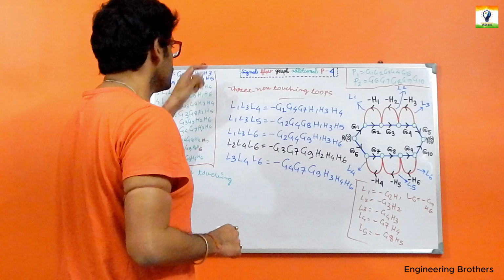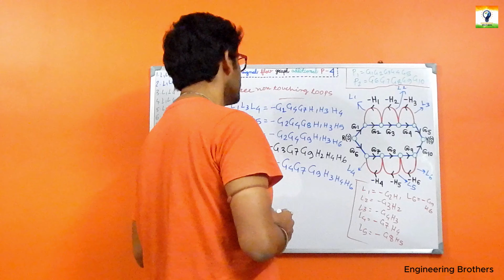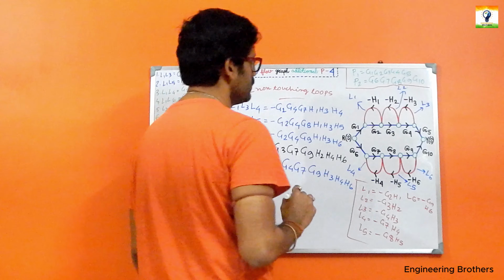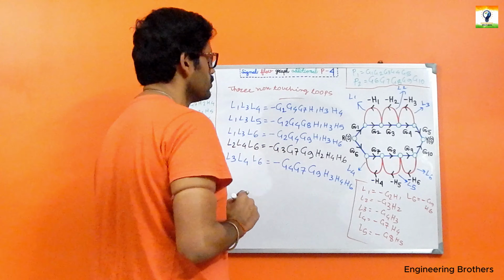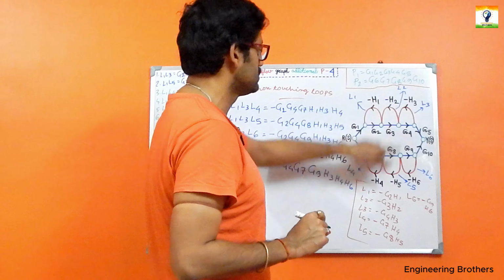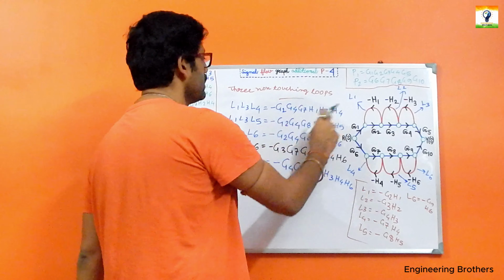After that we do require to find out our three non-touching loops, and quite frankly L1, L3, L4 is our first three non-touching loop, and the next one should be L1, L3, L5. And what is the gain for that one?